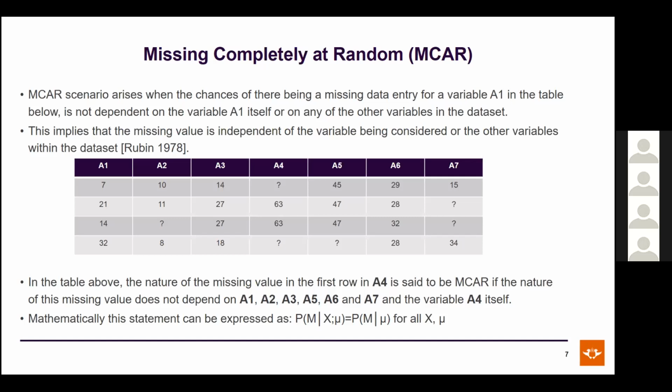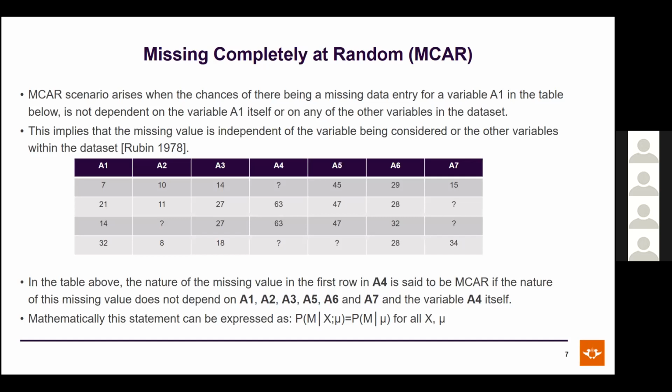So when missing data entry for the variable A1, instead of just using a dummy variable, let's make A1 real. So A1 could be your monthly income. Yes, let's say A1 is monthly income.